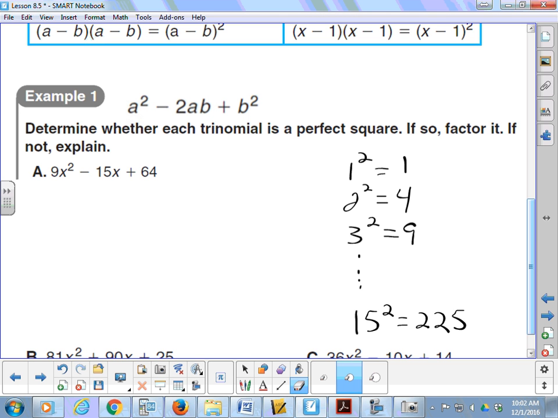So we want a squared minus 2ab plus b squared, that's the form this has to be in for us to have a perfect square trinomial. So we need to find the value of a and the value of b and see if they're squares first of all. And then if they are, we have to look at the middle term to see if it works.